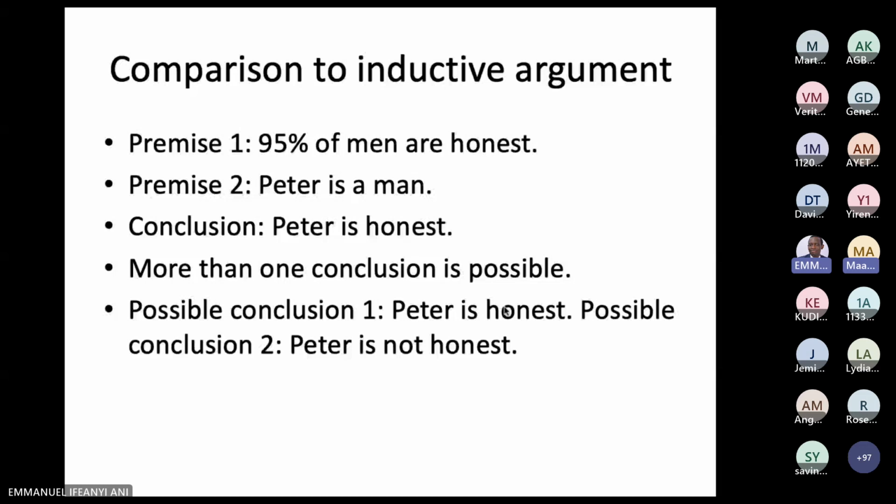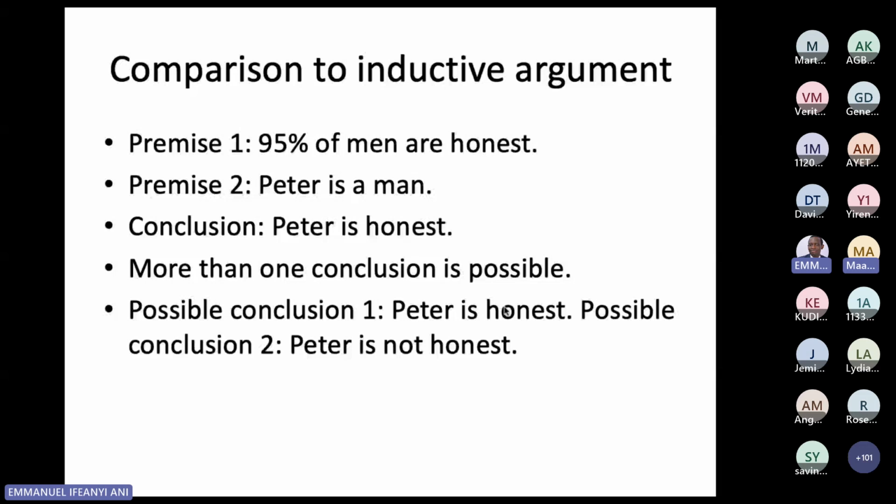And then premise 2 says Peter is a man. So now we are faced with coming up with a conclusion. And the conclusion is Peter is honest. But then this conclusion meets with some resistance. You can see that more than one conclusion is possible. Possible conclusion 1, Peter is honest.